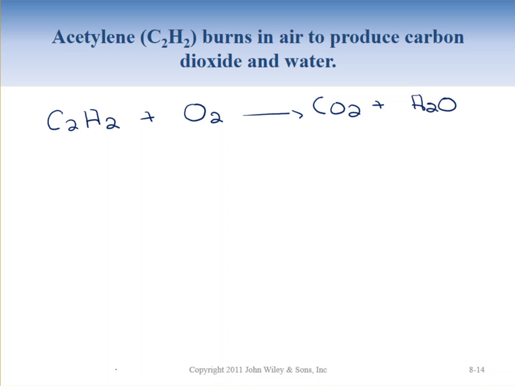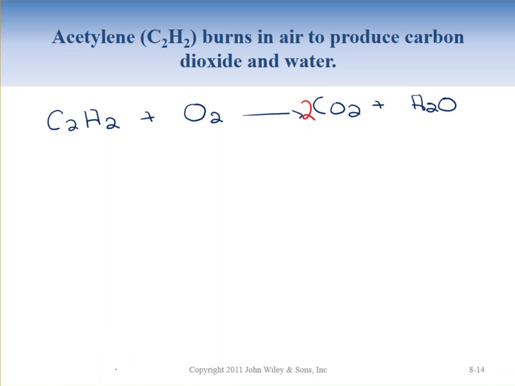So to balance, we first are going to balance carbon, then hydrogen and oxygen at the end. So 2 carbons for acetylene, meaning that you're going to have 2 carbon dioxide.